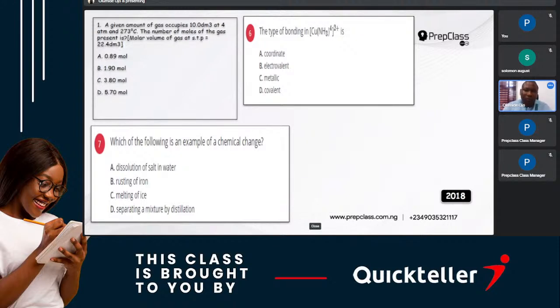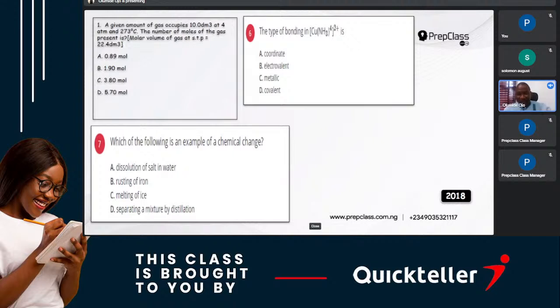Number 7. So now let me explain all these bonds for you one by one. Coordinate or dative covalent bond always ends with an ion, either 1+ or 2+. It produces a radical. Coordinate or dative bonds produce a radical.